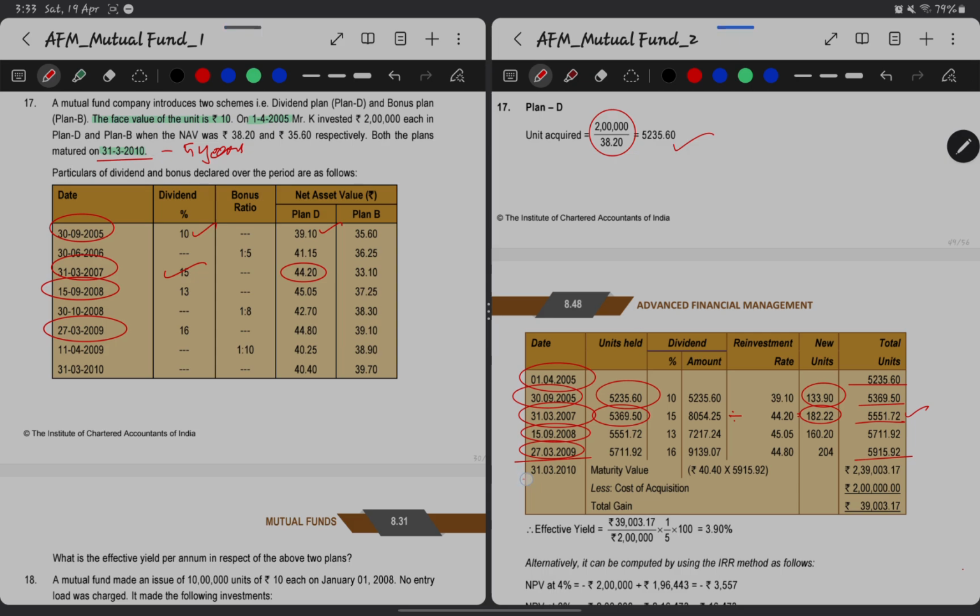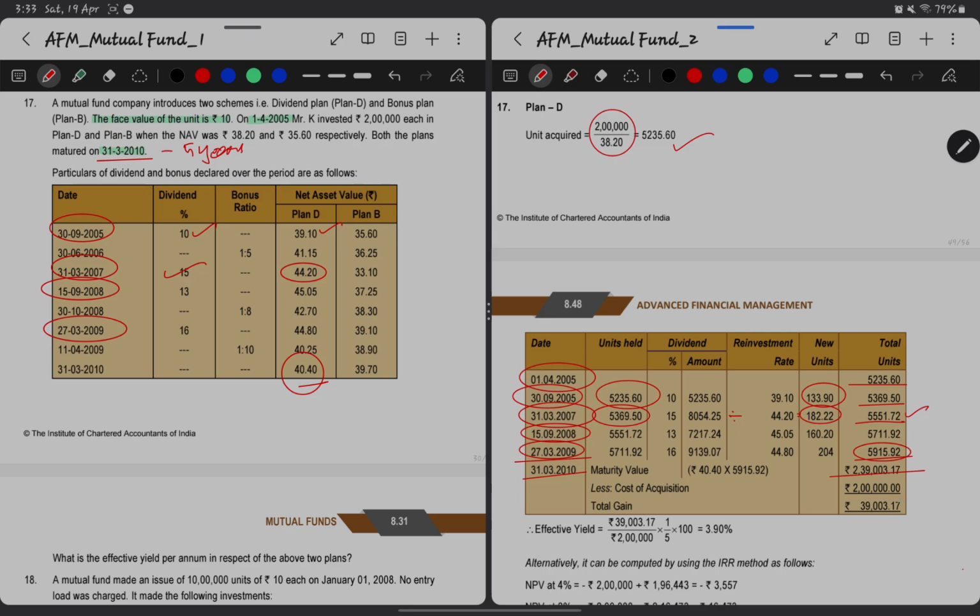As on that date, Plan D's NAV is 40.4, so the balance units available, 5915.92 multiplied by 40.4, will give us the maturity value, which is nothing but 2,39,003.17.